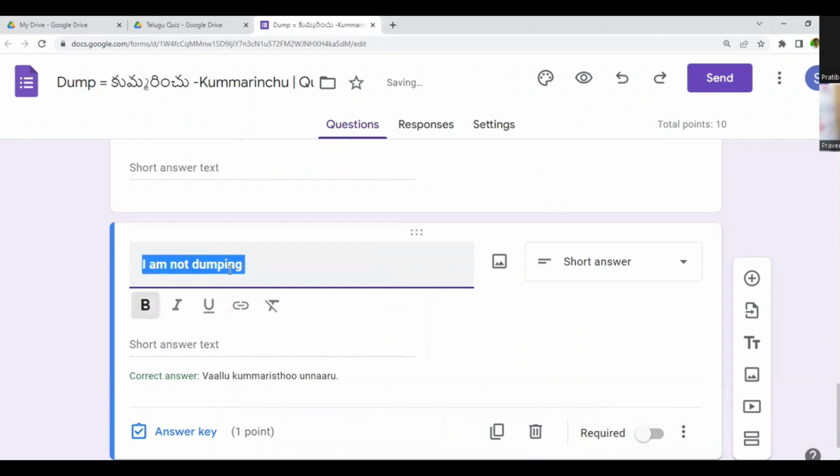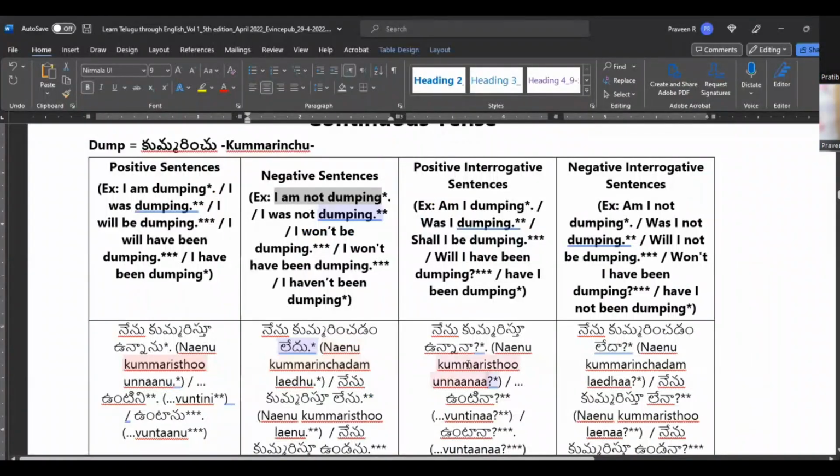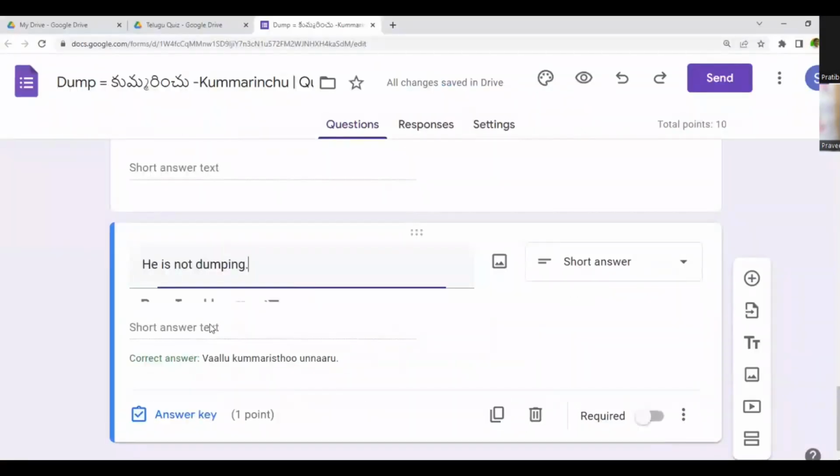Okay, I am not dumping. Change the subject. Tell me any other subject. He is not dumping. Okay, can you try the translation? I will show you the Word document. See and try. అతడు కుమ్మరించడం లేదు. Perfect.